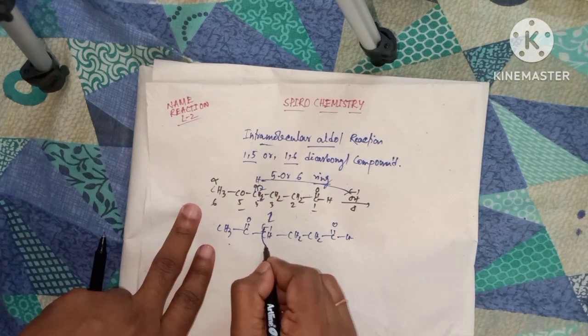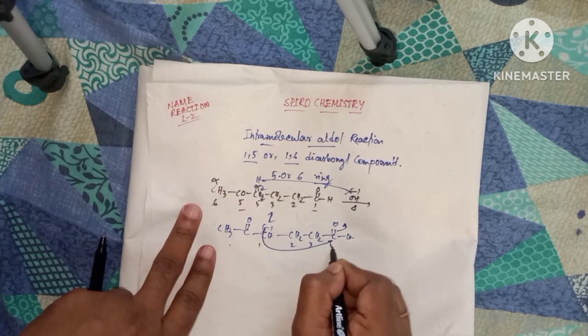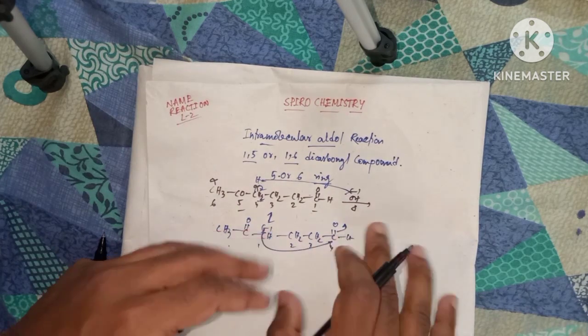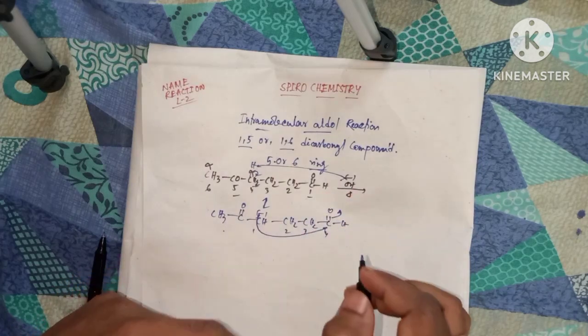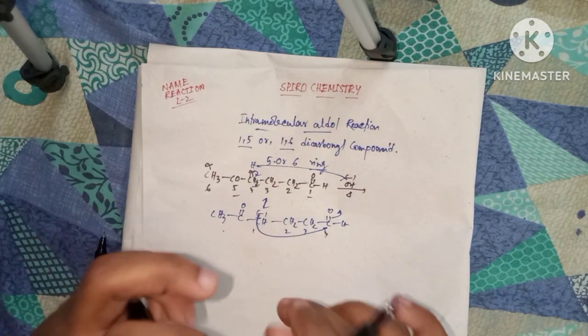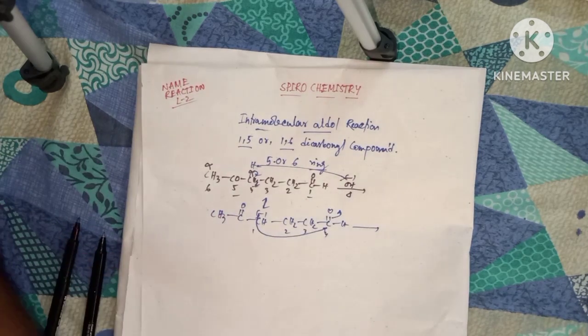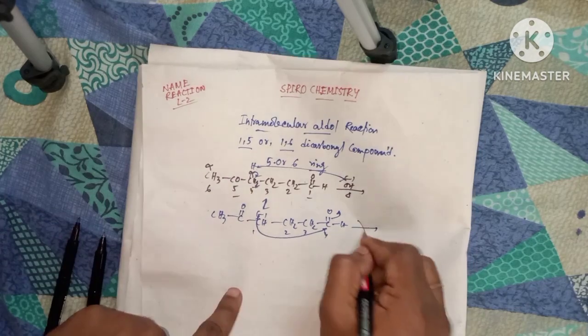This carbanion attacks here and it forms a 4-member ring. I already told you that a 4-member ring is not stable, and a 5 or 6-member ring is stable. So this reaction cannot happen.